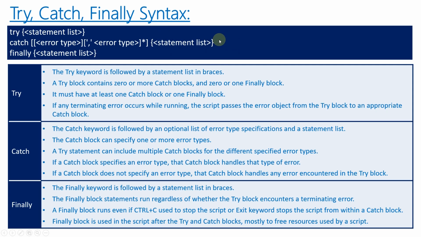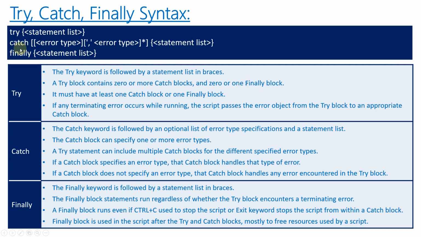Now we will understand each of these statements in detail. First, the try block. It is the try keyword followed by a statement list in braces. One try block can contain either 0 or more catch blocks and 0 or 1 finally block. So we can write multiple catch blocks, or we can simply write a finally block.